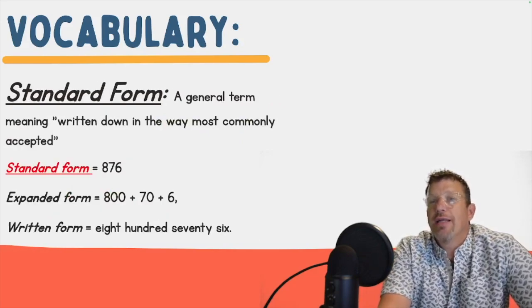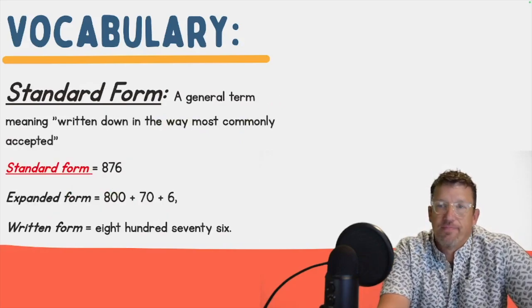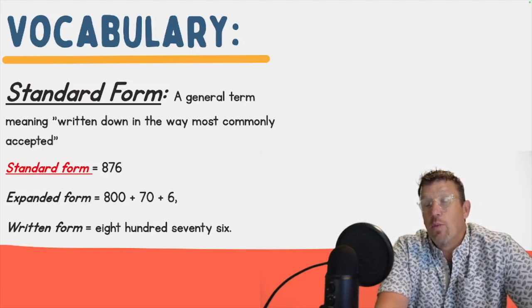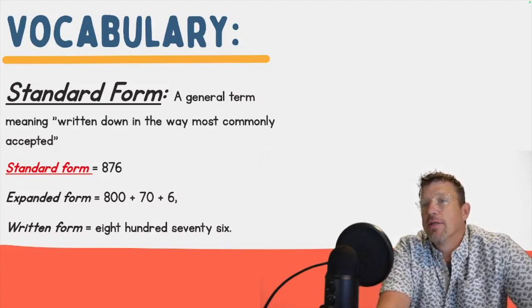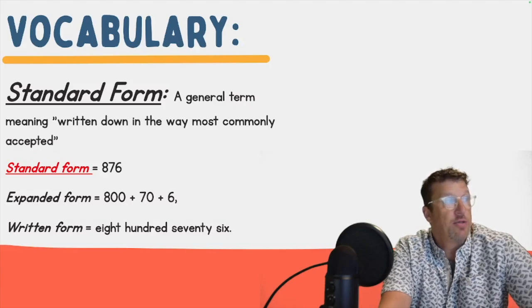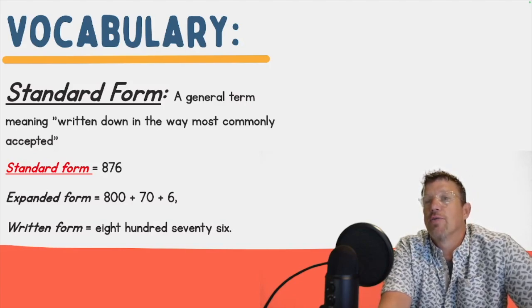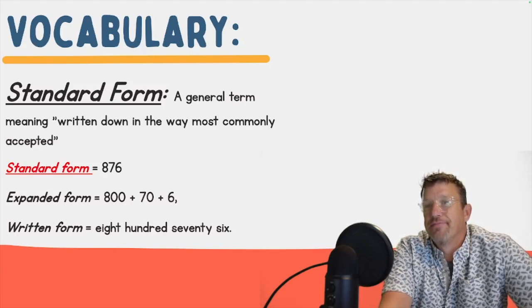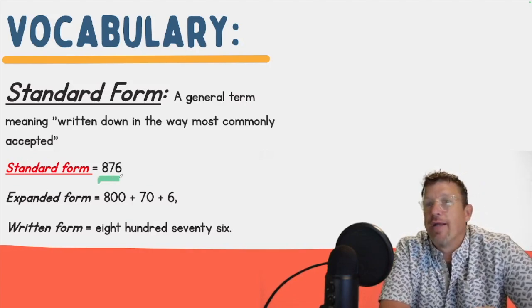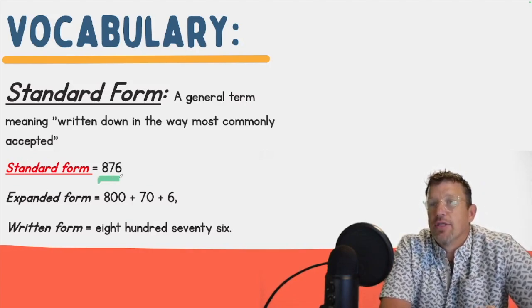We've got another vocabulary word, standard form. There are a couple other words at the bottom that we don't necessarily have as vocab words in this video. You may see them later, but standard form basically means the general term that society or mathematicians use to say it's written down in the most commonly accepted way. When we look at numbers like 876, that's how we write it down. There's another way we use it in math.